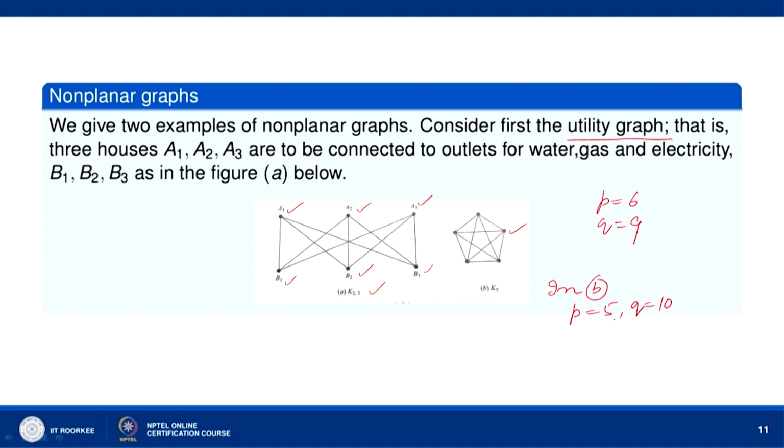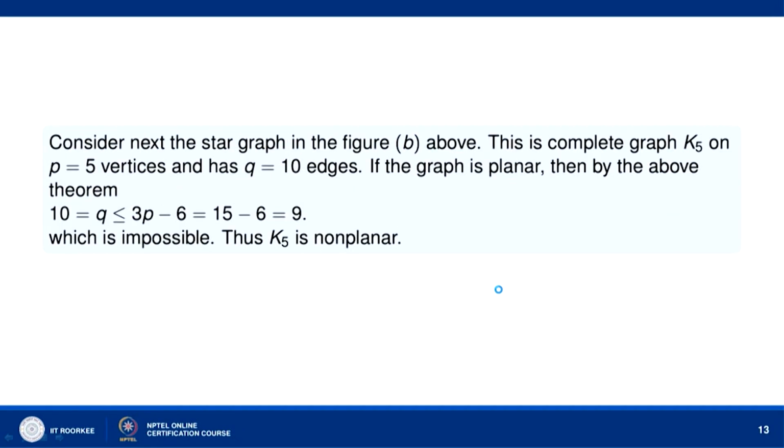Since each vertex is connected to every other vertex, it is a K5 graph, a complete graph K5, with p equal to 5, q equal to 10. Now, let us show that this graph is not a planar graph.